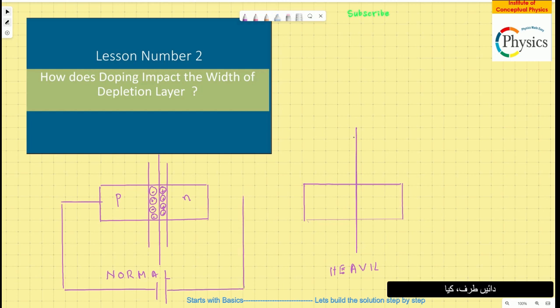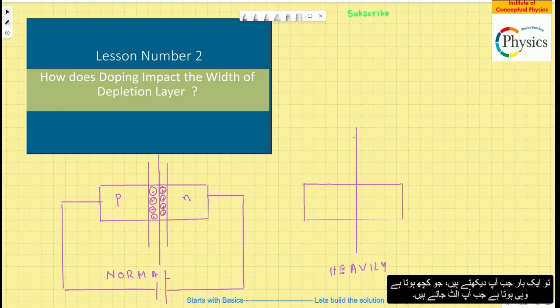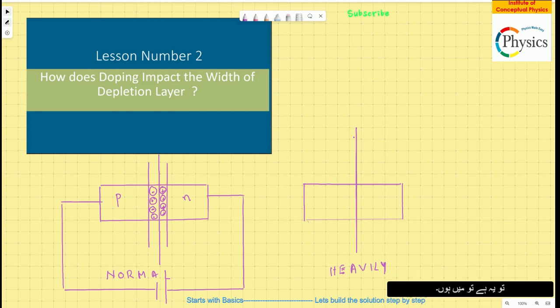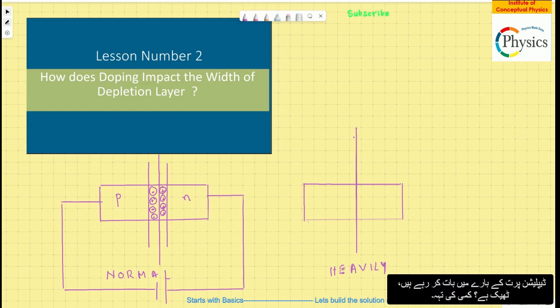On the right hand side, what you see is heavily doped. It is ordinary, and this is heavily doped, right? So once you reverse bias this, I'm talking about the depletion layer.